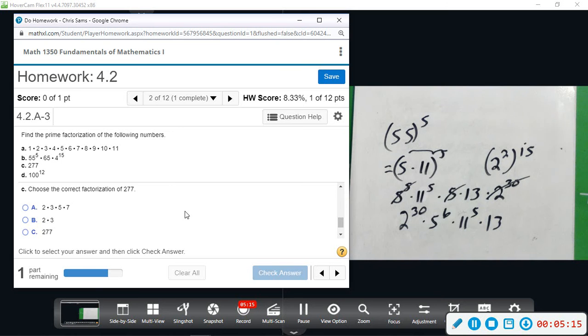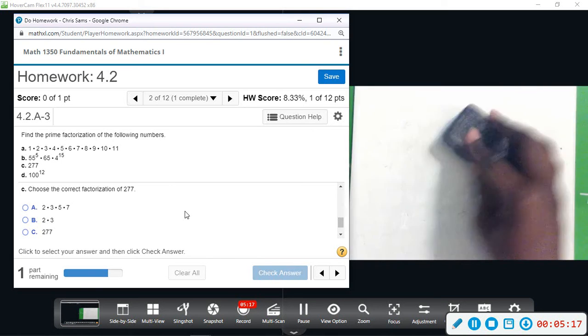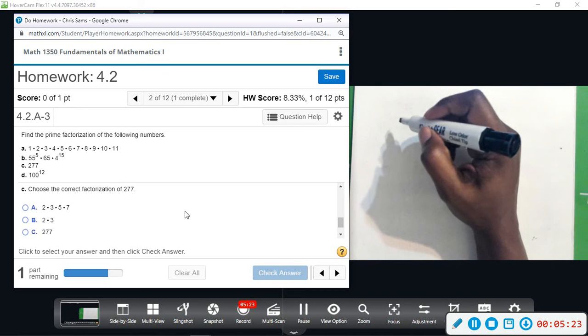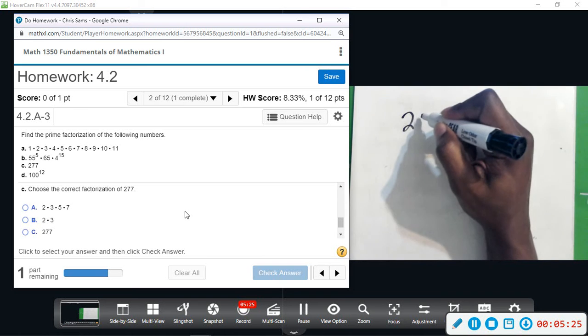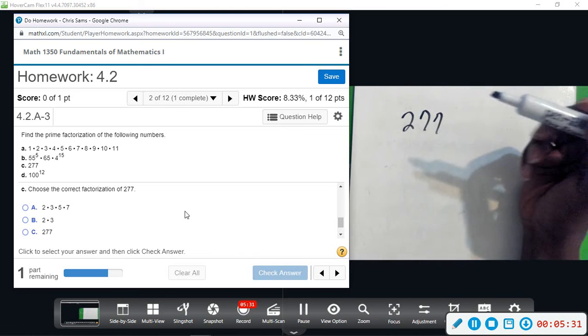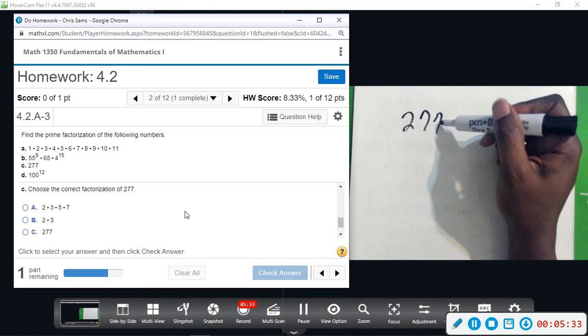Okay, 277, whole number. We're actually going to divide this one ourselves, if it will break down. 277. Okay, so let's look at some of our rules of divisibility. If it ends in an even number, it's divisible by 2, which this is not.